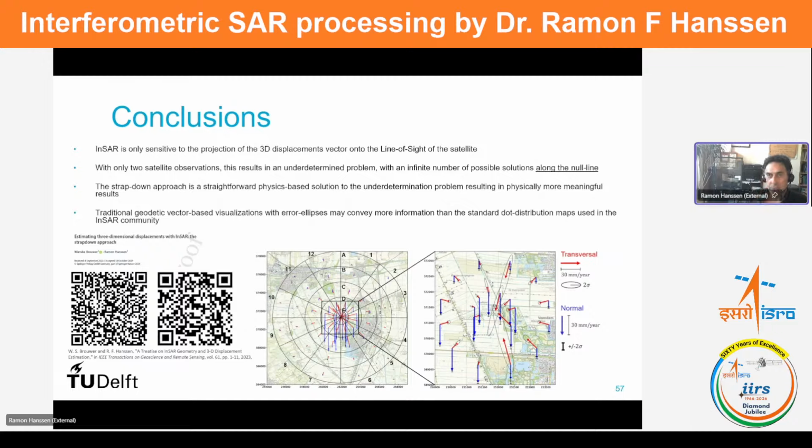And the final thing here is that the traditional vector-based visualizations, like you see here on the lower right, which were very common in triangulation in geodetic networks, for example, may be much more informative than the traditional colored dots type of figures that we are so used to looking at in the InSAR community, simply because these colored dots do not have error bars. You cannot express the quality there. With vectors, we can have the confidence ellipses.